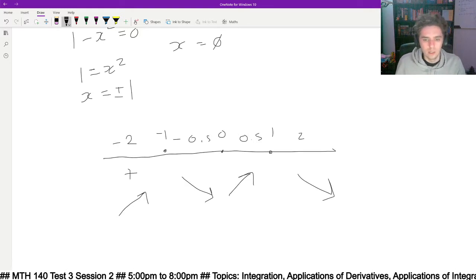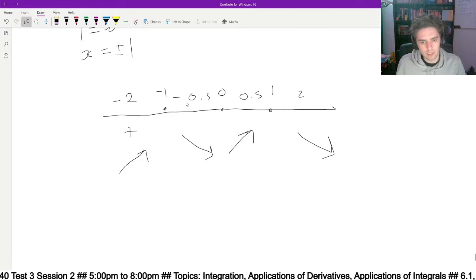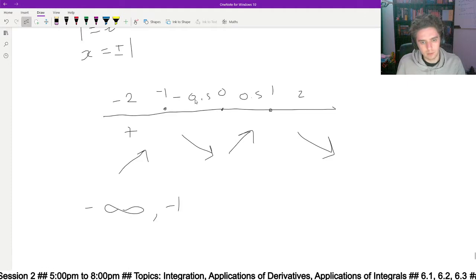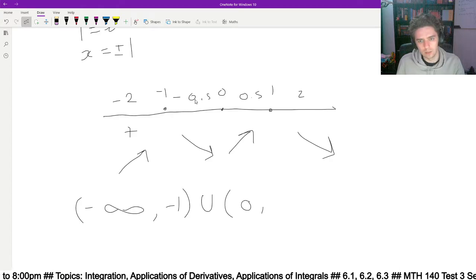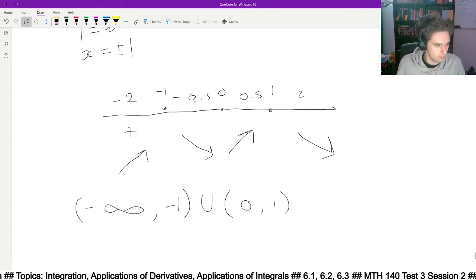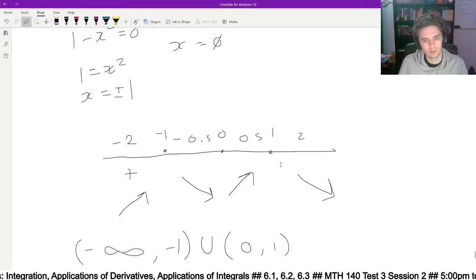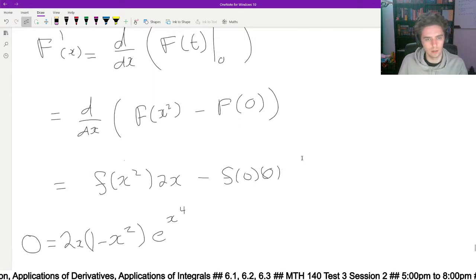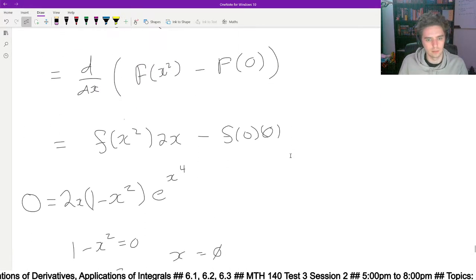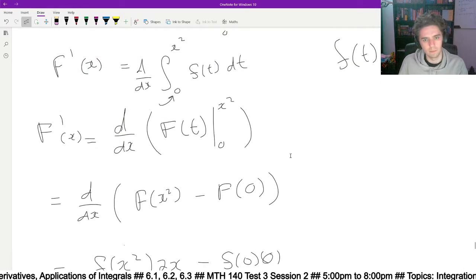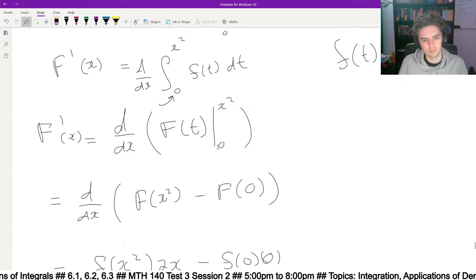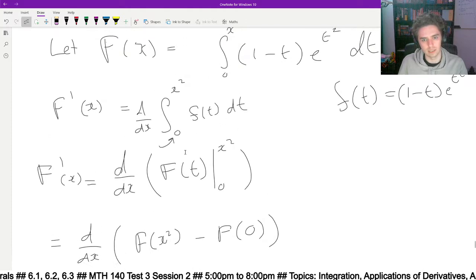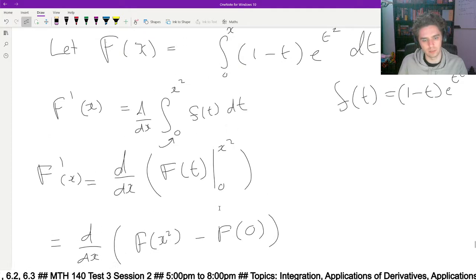Okay. So what that means is that we're increasing from negative infinity to negative 1 and 0 to 1. And there's our intervals. Yeah, so the hardest part is really finding that derivative. So you use the FTC. You use both parts, because this is equal to the antiderivative evaluated from this to this.